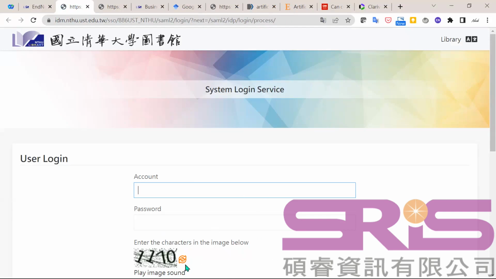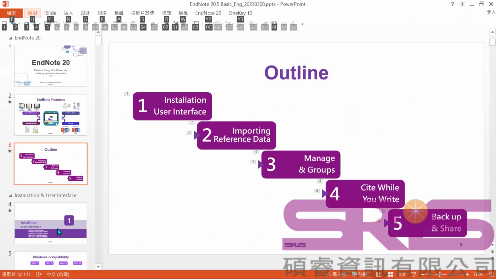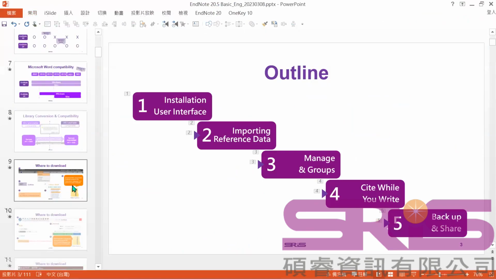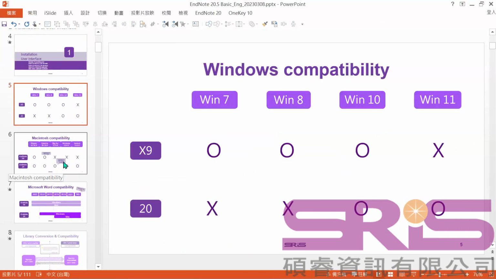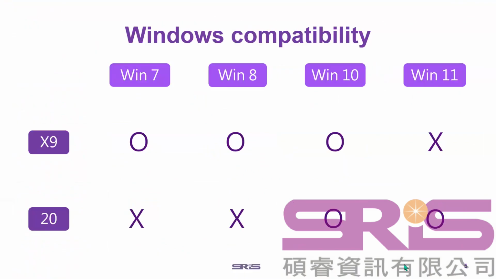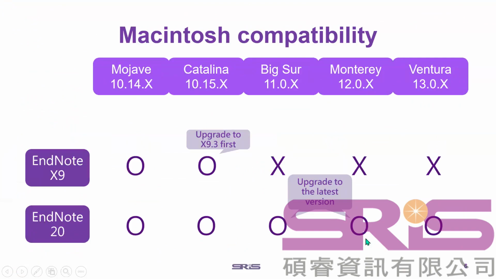But I will just introduce this part by my slides. And remember to check the compatibility, no matter whether you use Windows or Macintosh. So this is the way you check the EndNote version that is compatible with your computer.